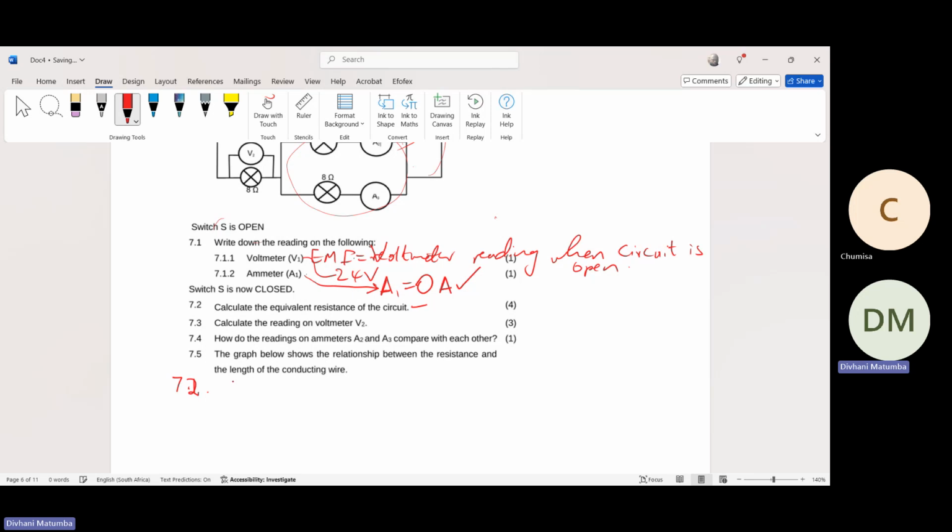What is the formula of calculating the equivalent resistance of a parallel connection? 1 over RT is equal to 1 over R1 plus 1 over R2.